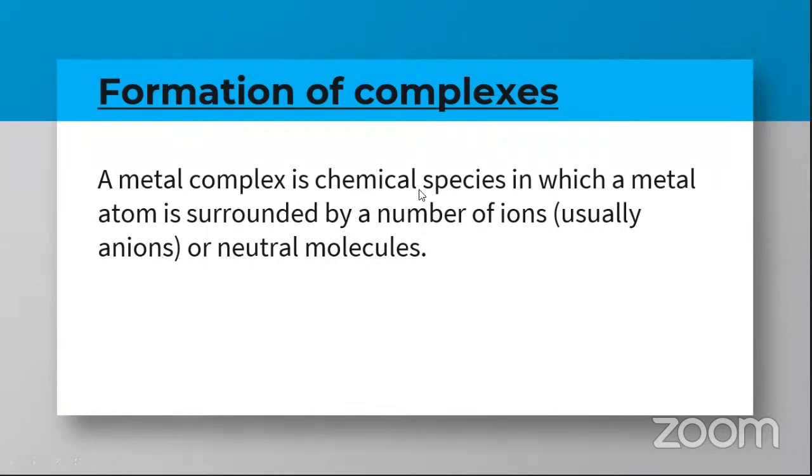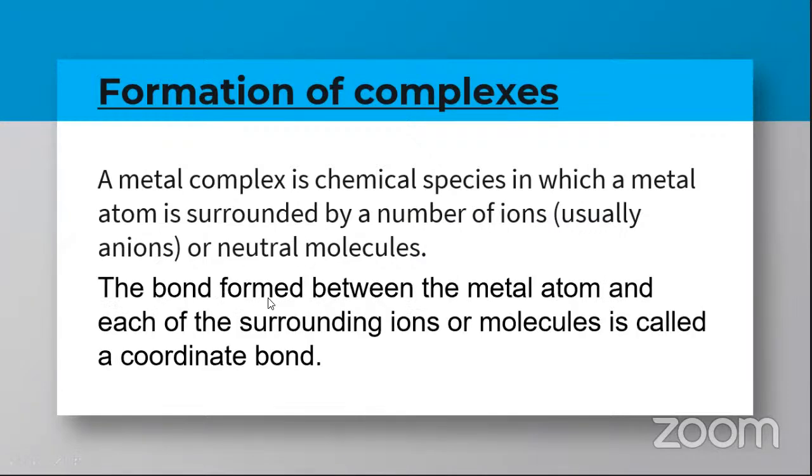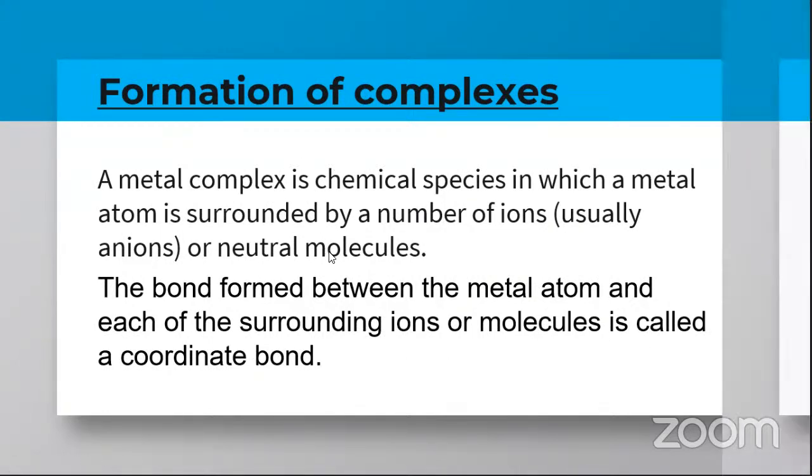The metal atom is the same as the central atom. Then the number of ions, we call it the coordination number, and the ions themselves, or the molecules, we call them the ligands. The bond formed between the metal atom and each of the surrounding ions or molecules is called a coordinate bond.